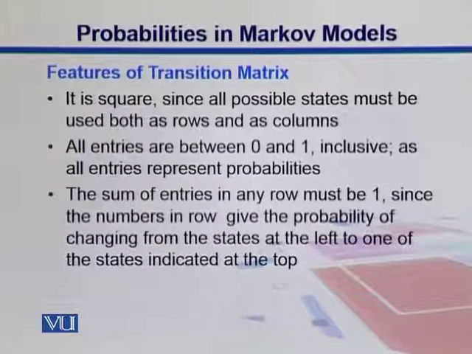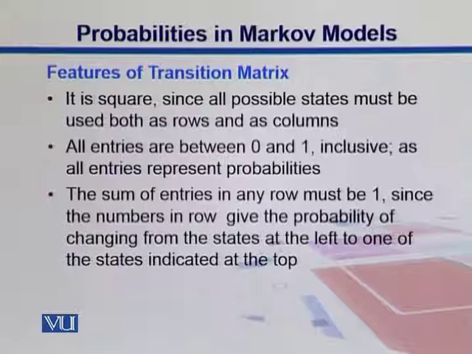So let's look into some features of the transition matrix. We know that transition probability is moving from one state to another. For example, in our experiment, if we are looking into transition of different nucleotides within a sequence from one position to another, in this way we can have some transition probability.